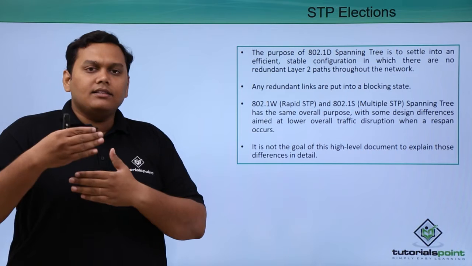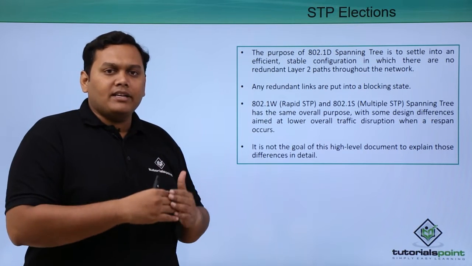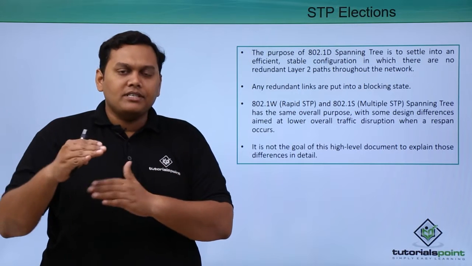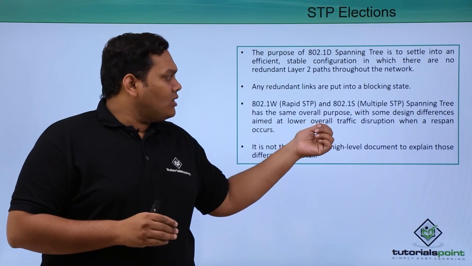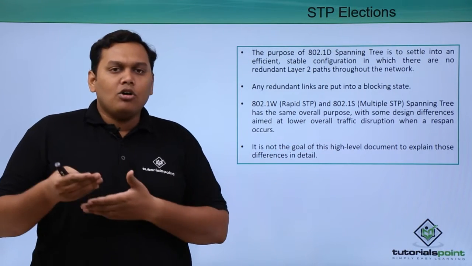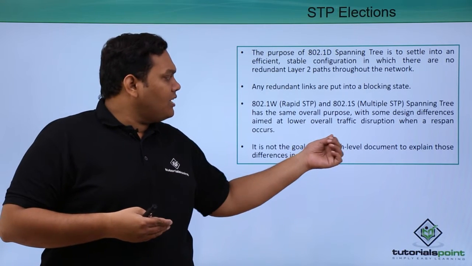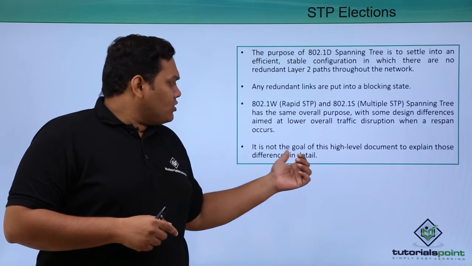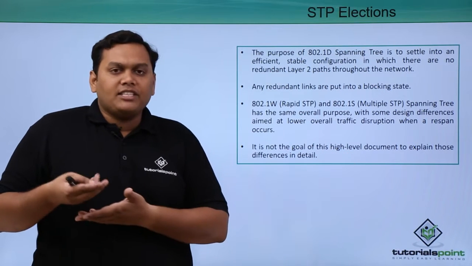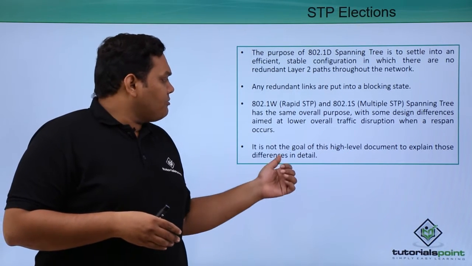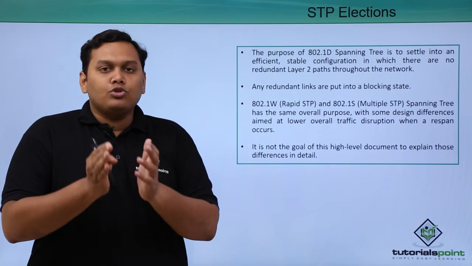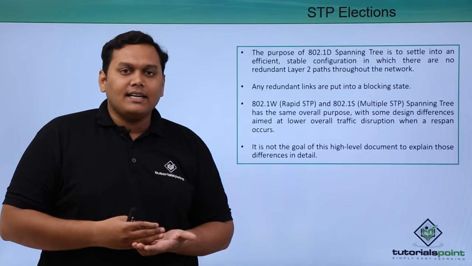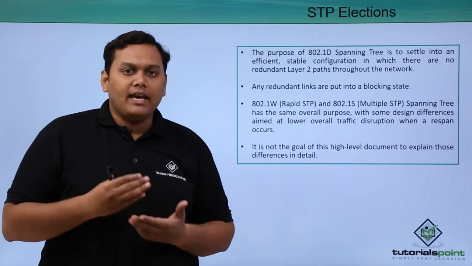That means spanning tree, rapid spanning tree and multiple spanning trees serve the same purpose, but there are only some design differences and lowering of the traffic disruption when a respan occurs. It is not the goal of this high level document to explain these differences in detail, but to tell you how the root bridge is elected, the root port is elected, and the designated port is elected here.